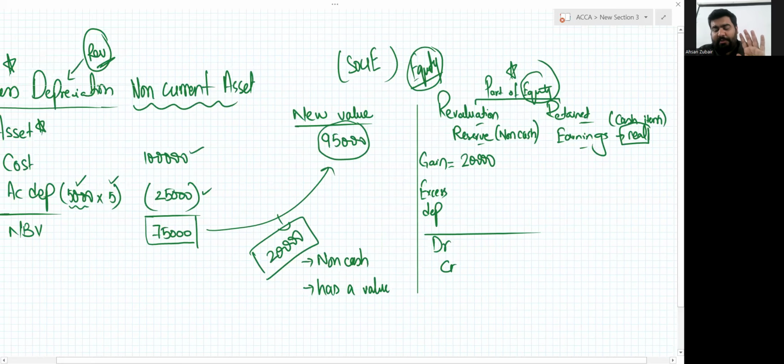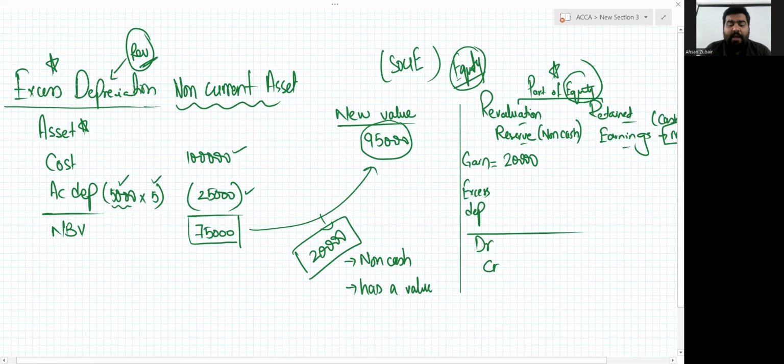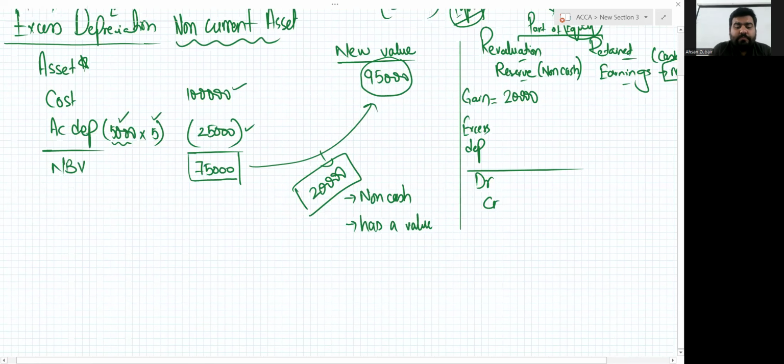Now, what is excess depreciation and what will we do with it? Listen, what happens when you assign the new value to an asset? So I'm writing here the new cost of the asset, that is 95,000, and the old net book value is 75,000.